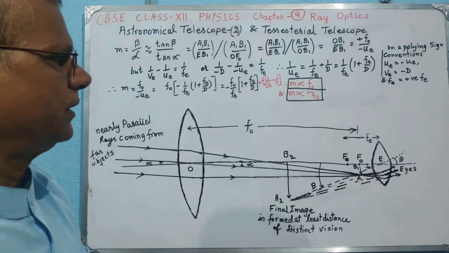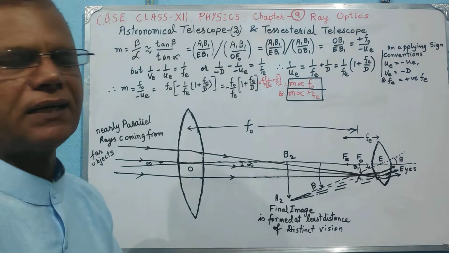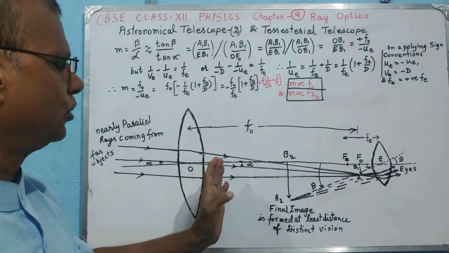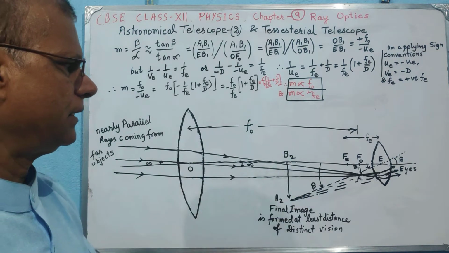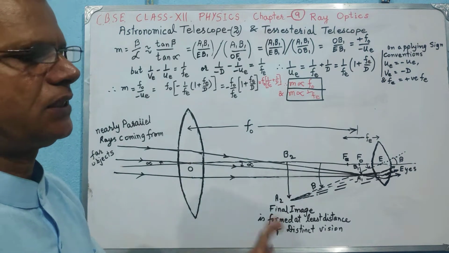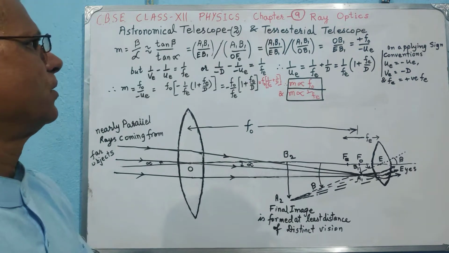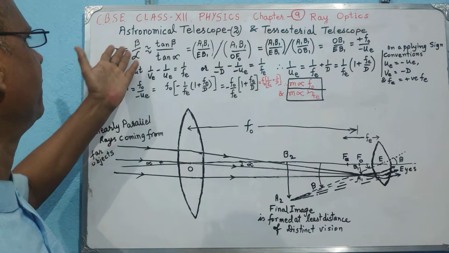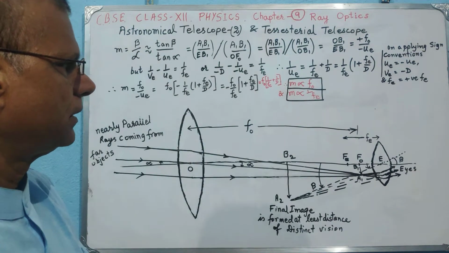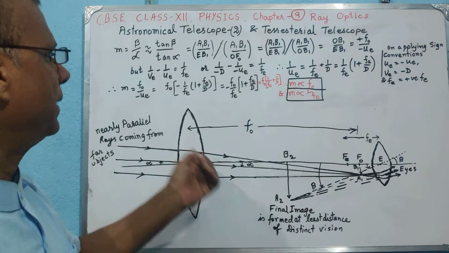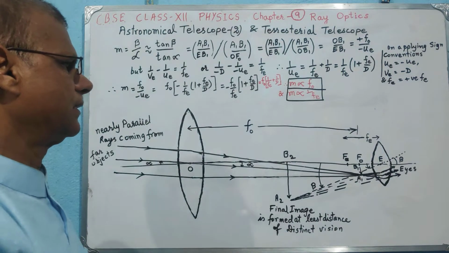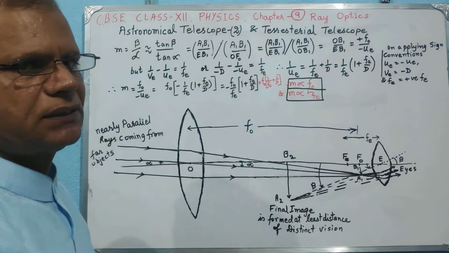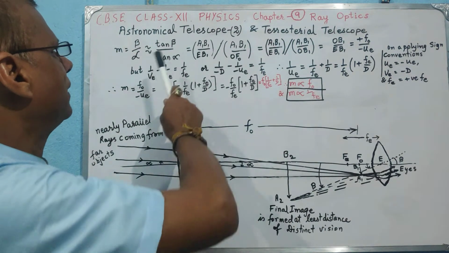Now we shall find the magnification produced by the astronomical telescope when the final image is formed at the least distance of distinct vision. We have already seen in the previous topic that magnification is equal to beta upon alpha, but for small angles we consider tan beta is nearly equal to beta and tan alpha is nearly equal to alpha.